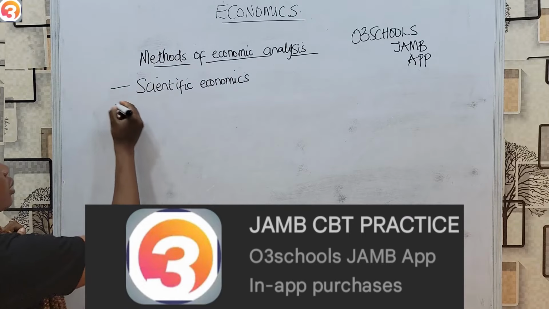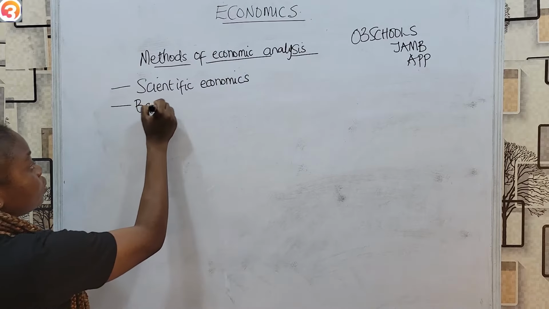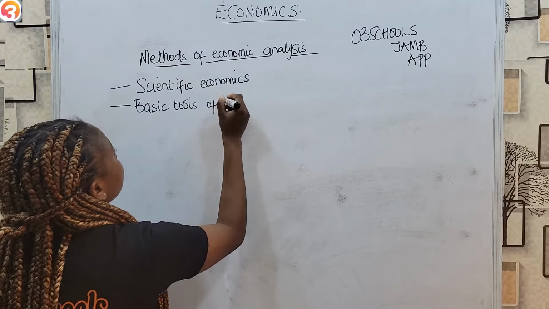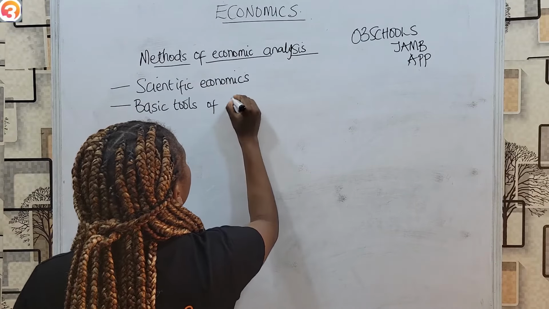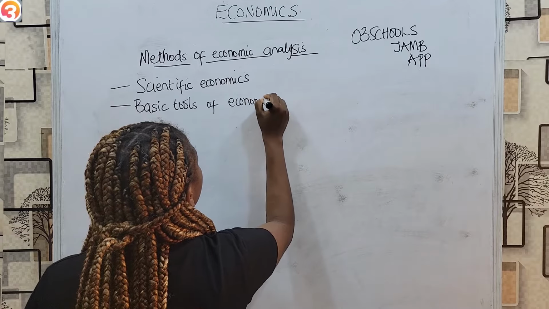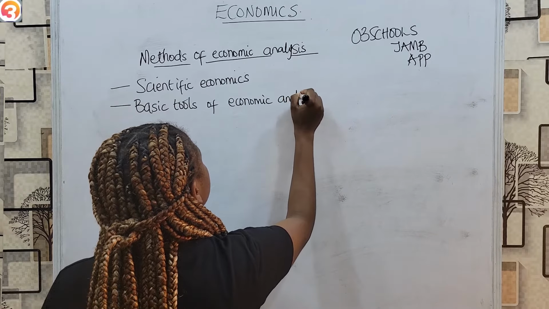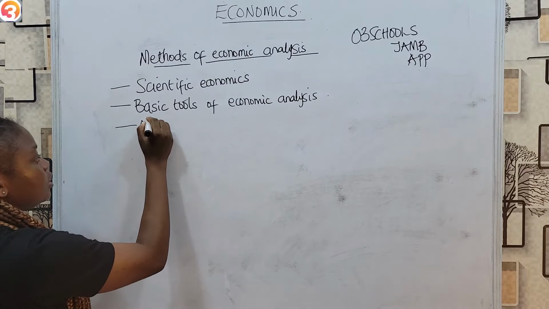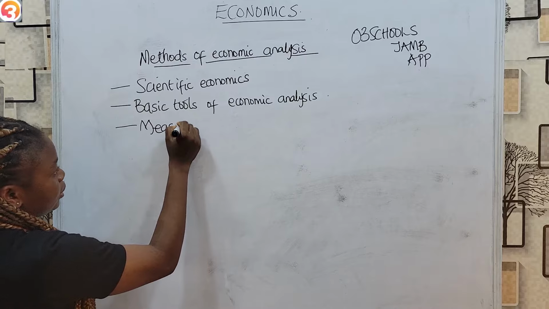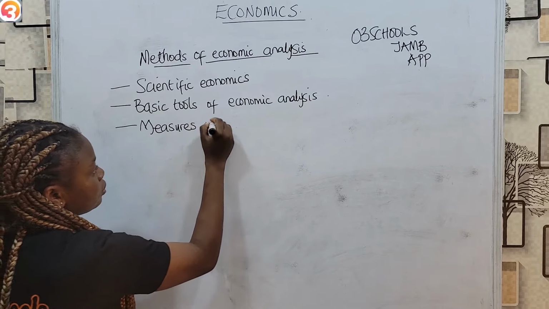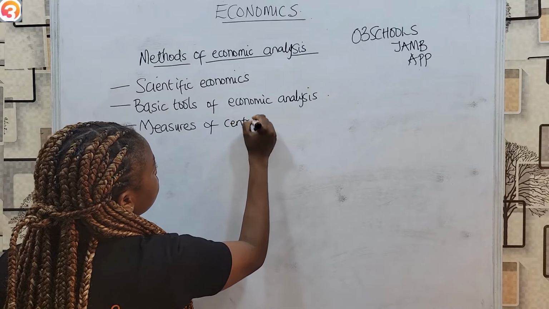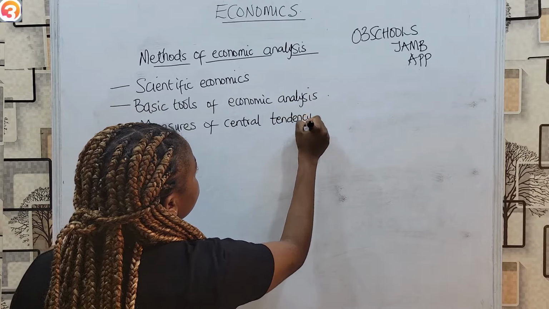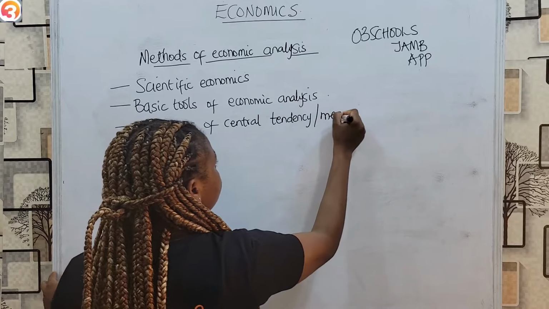And then the second aspect, we'll look at the basic tools of economic analysis. Then the last aspect, we'll look at the measures of central tendency slash the measures of dispersion.